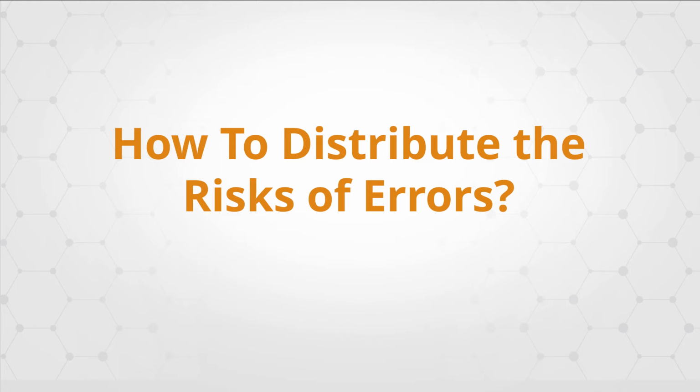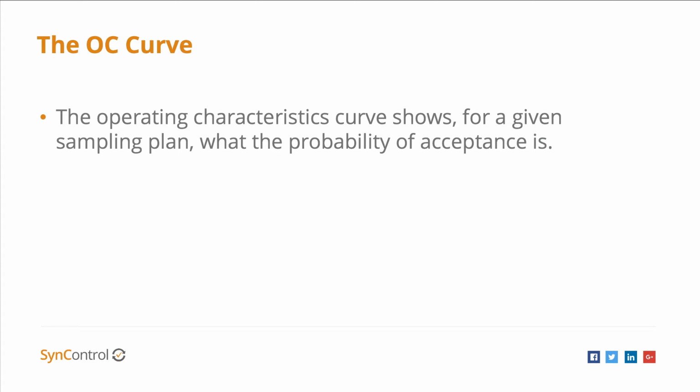Now the whole question is how to balance or how to distribute these risks of errors, because again you can't really avoid them when you do random sampling. Okay, there's a fundamental concept here, the OC curve, operating characteristic curve.